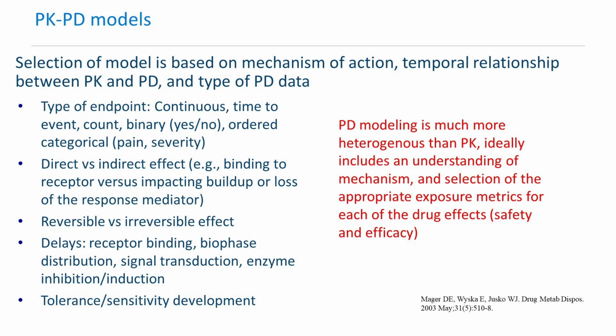And we have to understand, for every endpoint, the mechanism of action of the drug, and select the appropriate exposure metrics for each of the drug effects, efficacy and safety. There's also quite a lot more variability within PD. You might get everybody to the exact same exposure, but you will still have a wide variability in response. So it's up to us with modeling and simulation to characterize as much of that variability and as much of that mechanistic understanding as we can in order to use PK/PD to optimize our dose.